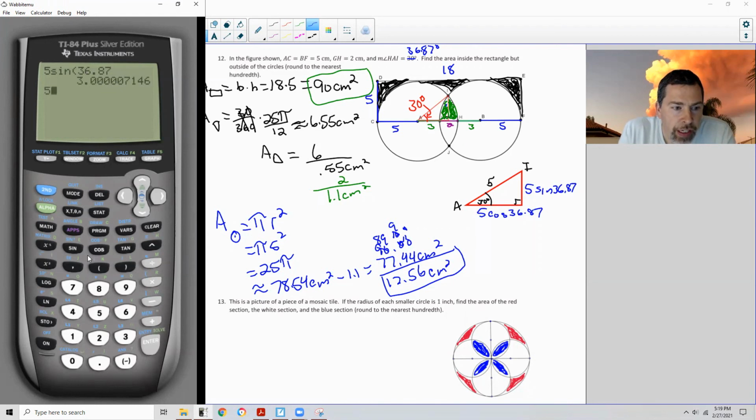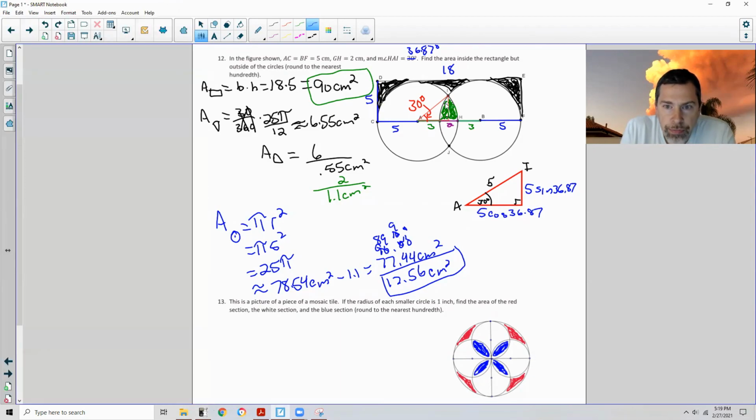And if I do 5 cosine 36.87, I get pretty close to 4. And these were 3 and 4. Okay, so I would fix that. When I do it in class, I will change that. I'll cross it out and tell them to put 36.87 degrees in their student edition.